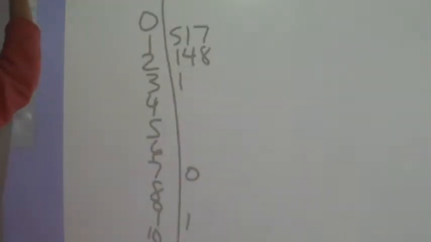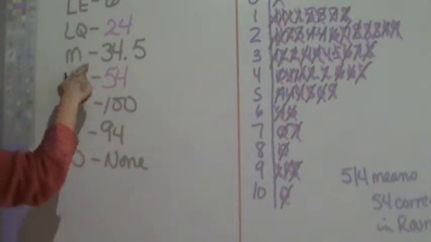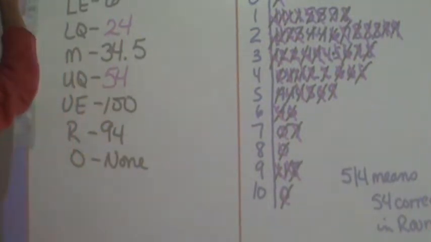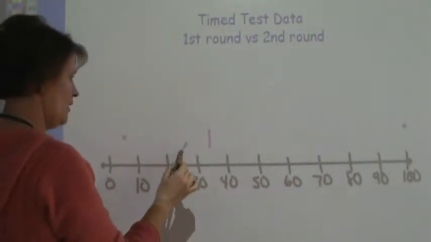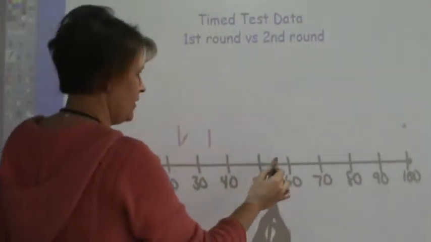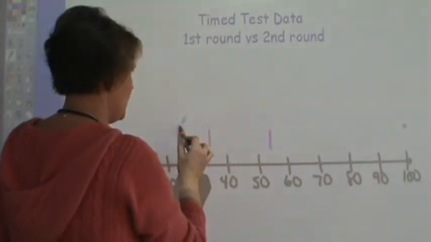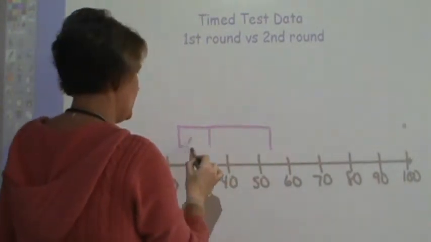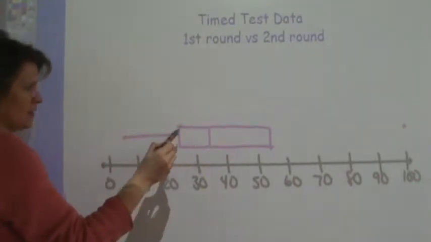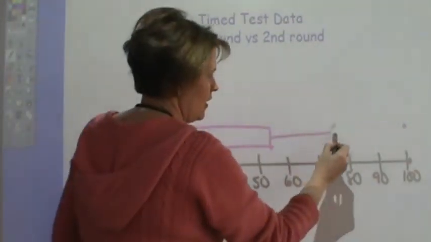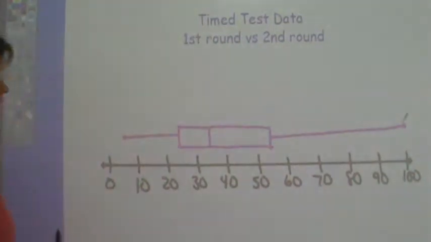Then our lower and upper quartiles were 24 and 54, about right there. We connect those together; that's the box of the box and whisker. The whisker just connects out to your lowest and highest values.